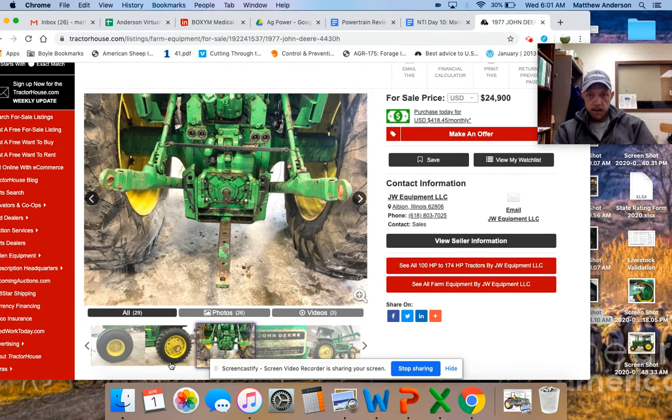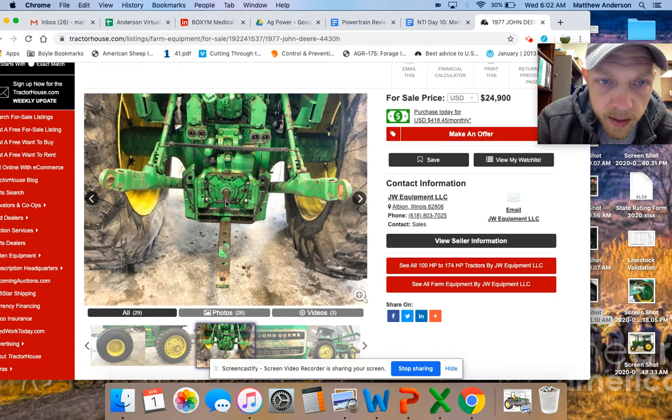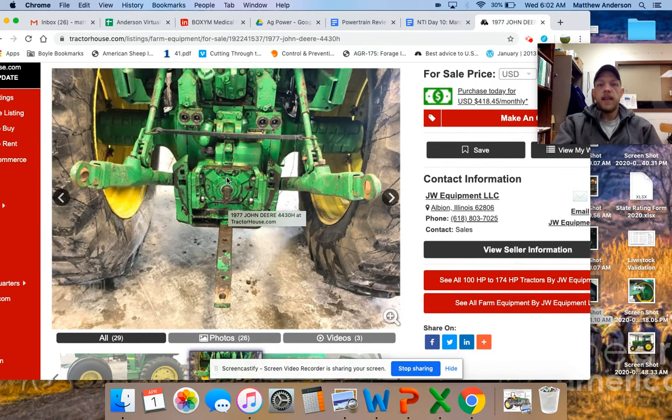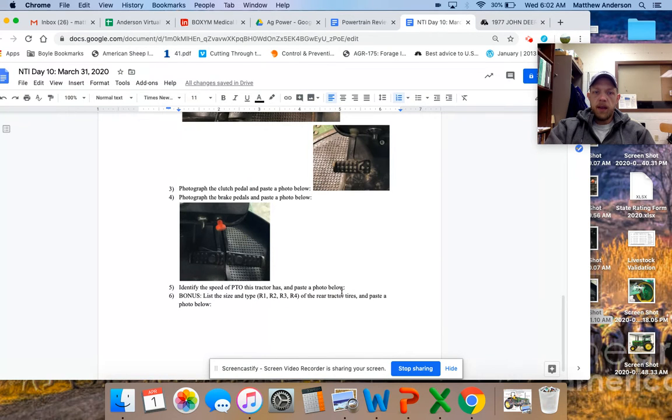That's incorrect. What we see here is I can count 6 splines on that shaft. You can enlarge it. That is a 540. You could actually take that housing apart and flip that shaft around, and you could have a 1,000 RPM PTO. So I would take a picture of that and put it in.